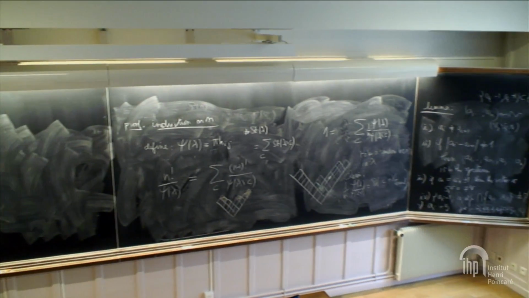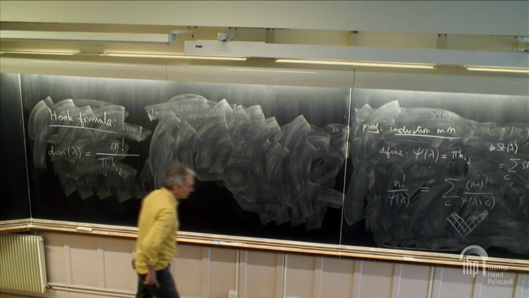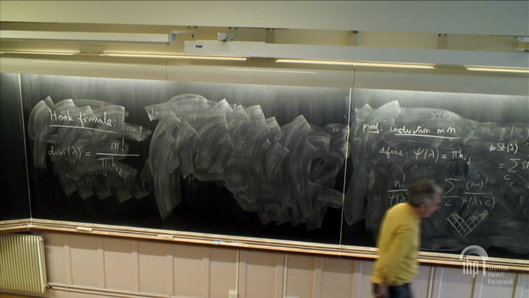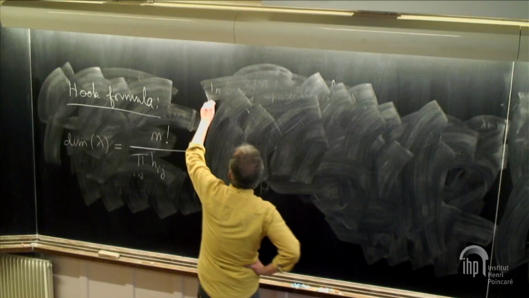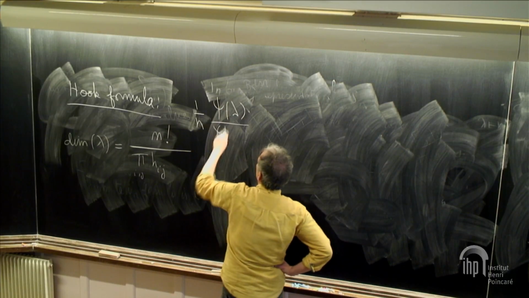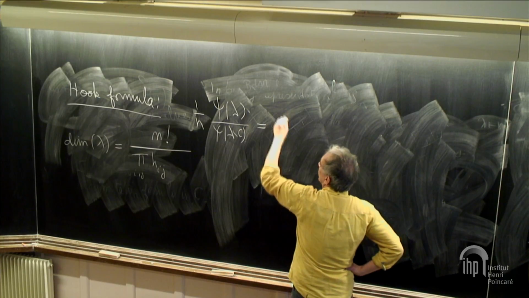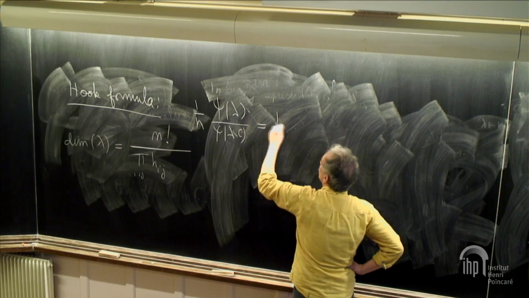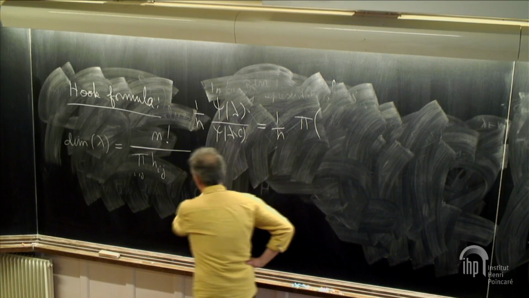So how do we check this? So I need to look at this expression. It is a product. It's 1 over n times a product of. So let me draw a picture again.